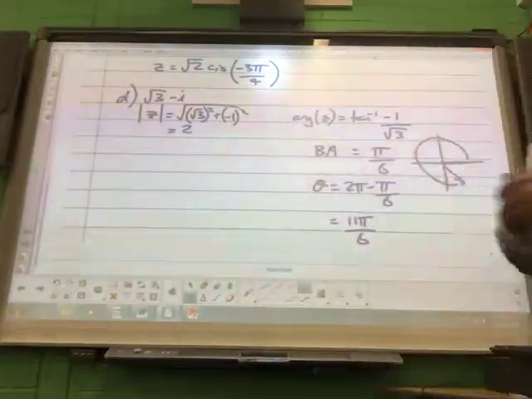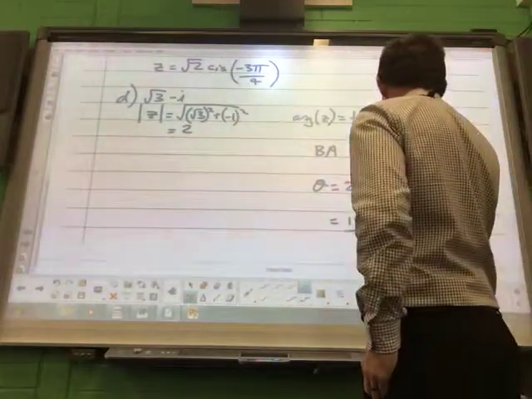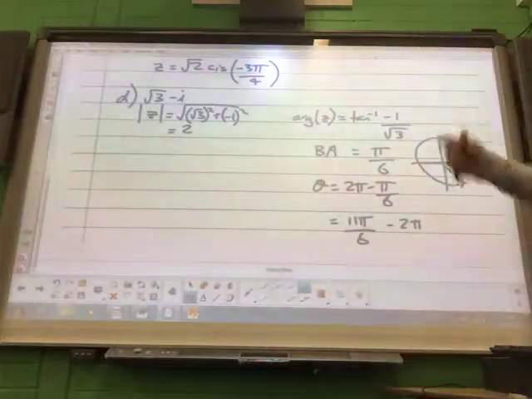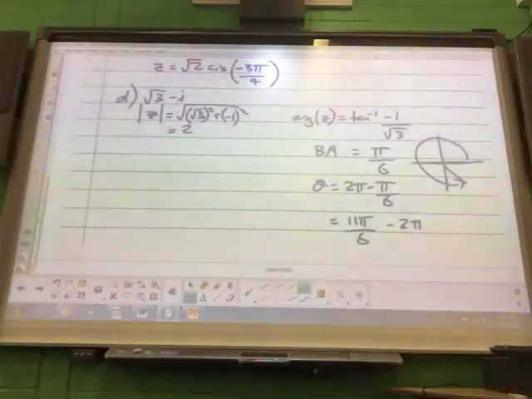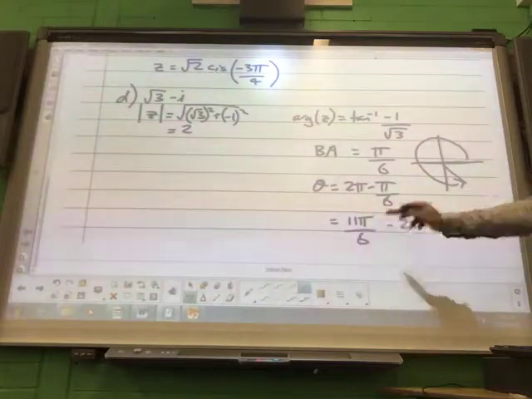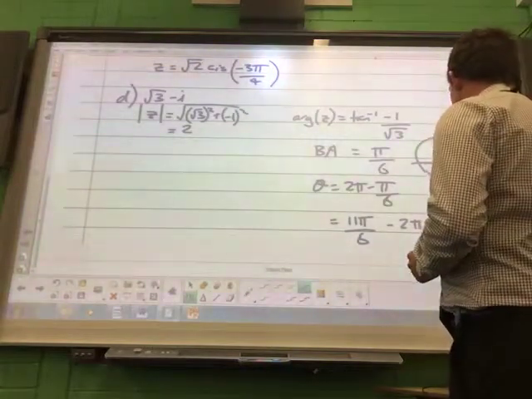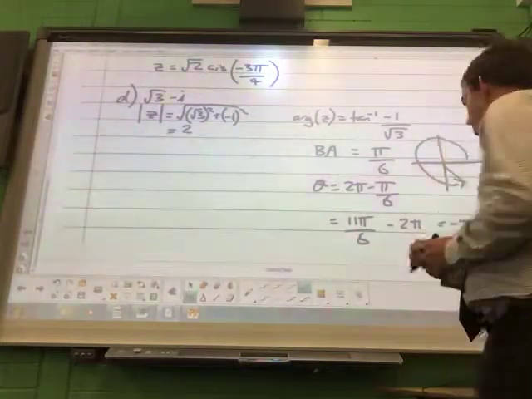And again, we're outside the domain of negative pi to pi. If that happens, you need to take away your revolution of 2 pi to get it back into that domain. So 2 pi we can represent as 12 pi over 6. So 11 pi on 6 take away 12 pi on 6 is negative pi on 6.